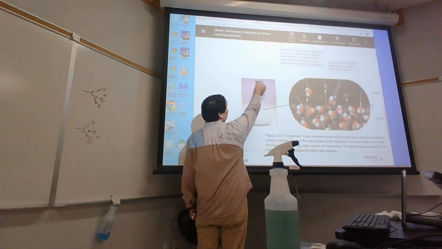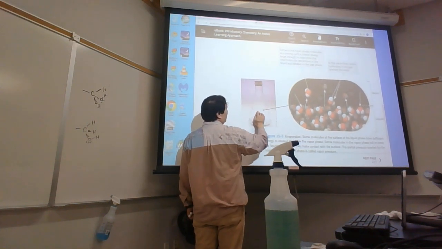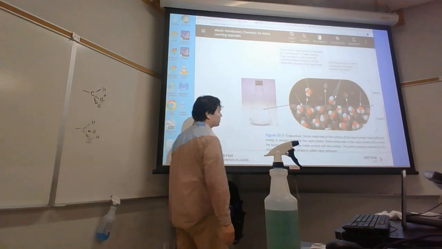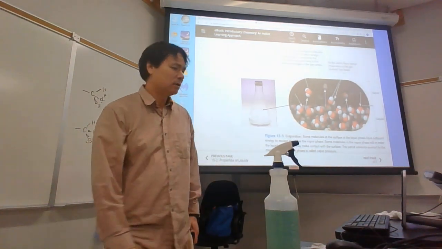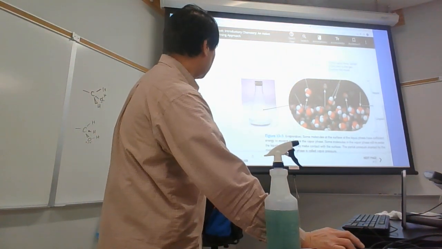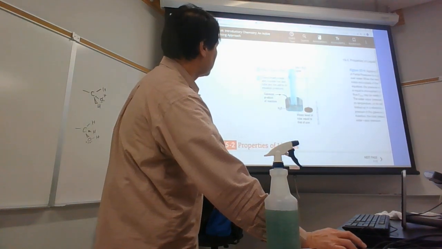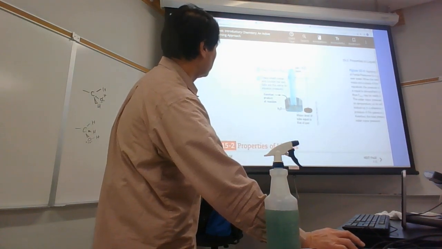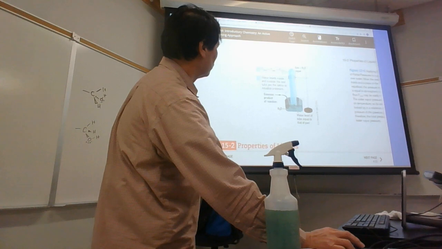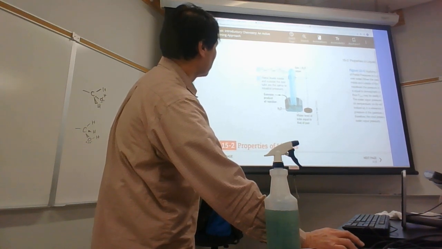Sometimes we won't. You know, we pop the lid off here, and this whole thing might evaporate without ever saturating the gas. But when we use this, we always assume that this gas, the O2, has been completely saturated with water vapor. And then we can look it up in the table. What is the pressure?